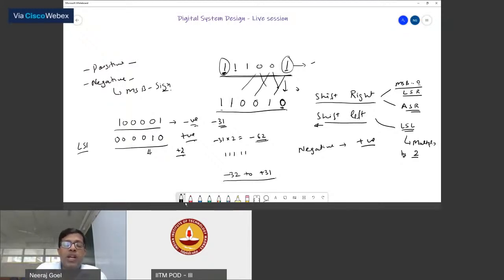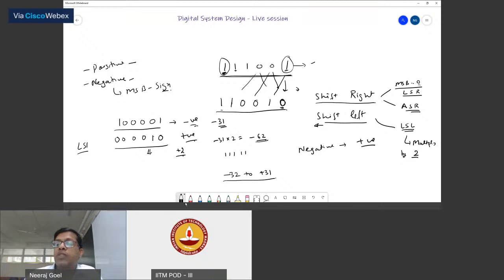So it is okay to have one of the numbers negative and, after shifting, the number becomes positive. That means it's an overflow problem, but there is no problem with the overall operation of logical shift left. In logical shift left, we shift in the left direction, whatever is the MSB would be discarded, and in the least significant bit, we insert 0.